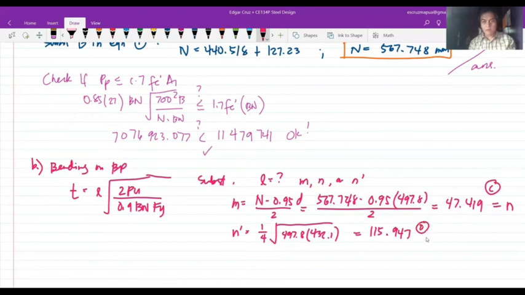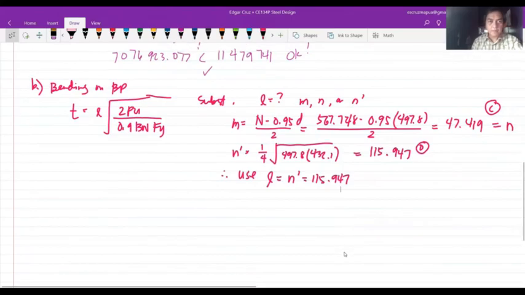Actually, ito yung nag-govern, yung kay Thornton, diba? Siya yung nag-govern. So, therefore, use small letter n equals yung kay Thornton, n prime, which is 115.947. Okay, so substituting values in the equation.